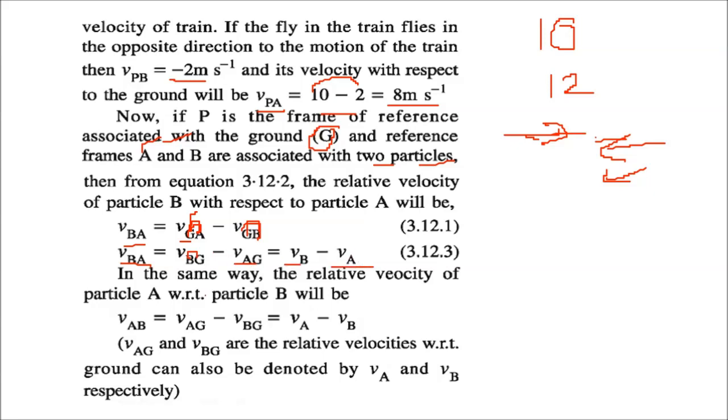In the same way, the relative velocity of particle A with respect to B, VAB, will be VAG minus VBG, which is actually equal to VA minus VB. See, this is VB minus VA, here we have VA minus VB. So VAG and VBG are nothing but the velocities of A with respect to ground and B with respect to ground. Because they are relative to the ground, we are saying VA and VB simply.